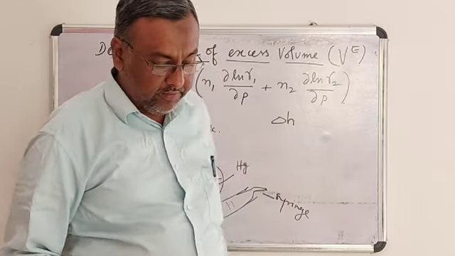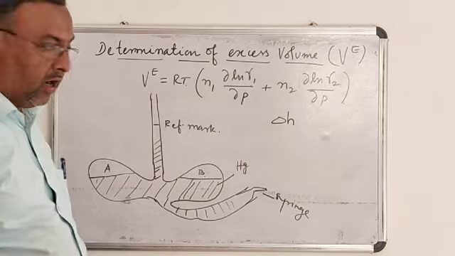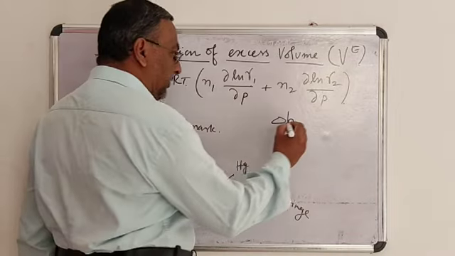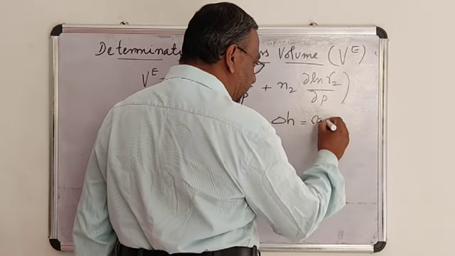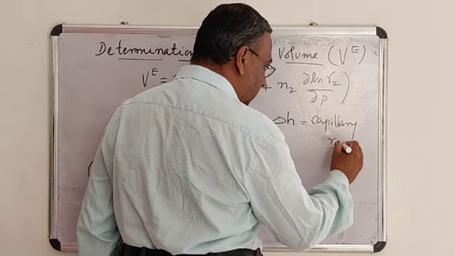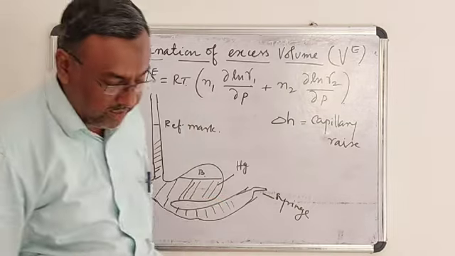By knowing the delta H value, we can easily find out the volume of mixing. That is, delta H is the capillary range in centimeters.